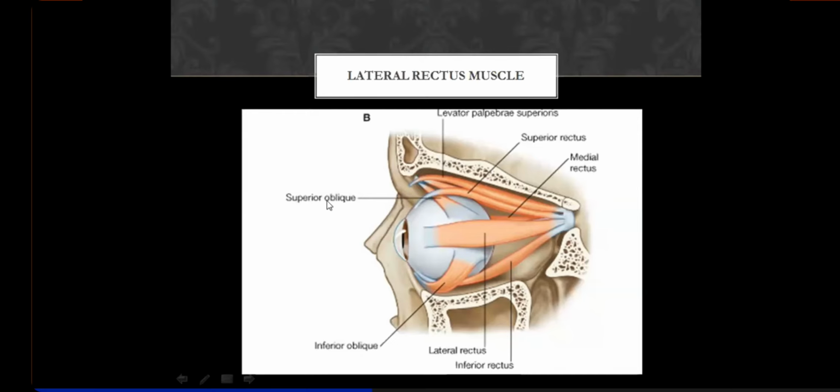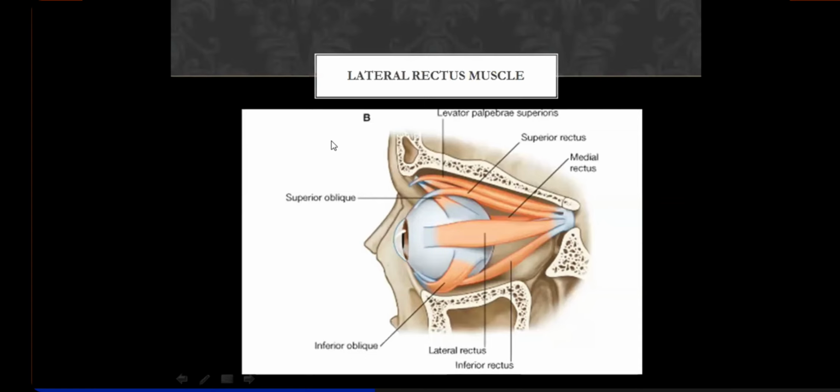Actually, you can imagine here that if you are seeing an eyeball of the right side, this is a right eyeball, anterior view, and to the limbus, to the margins of the corneoscleral junction, the four recti will be attached. So if you draw, you go anti-clockwise. Anti-clockwise means superior rectus, lateral rectus, inferior rectus, medial rectus.